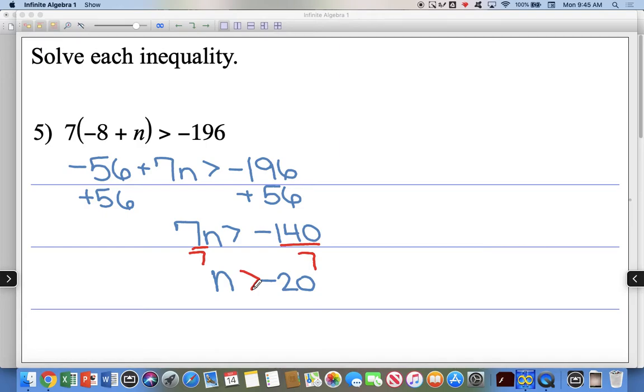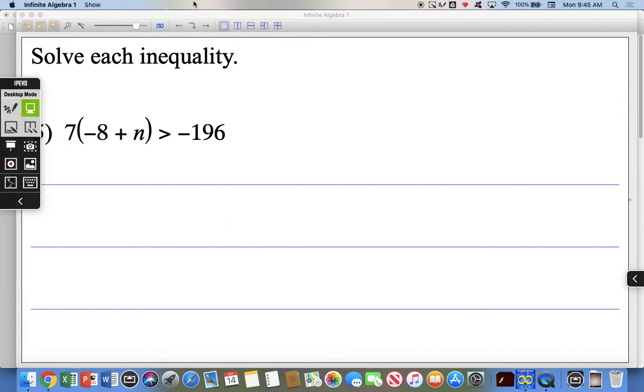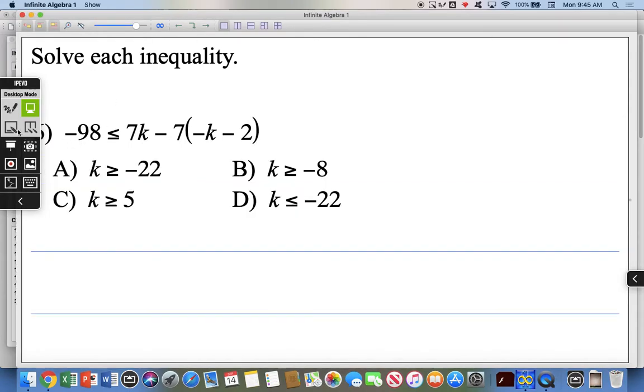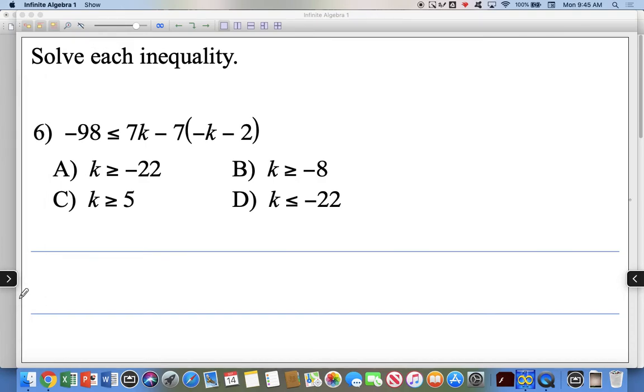So let's do another example like this. All right, something like this. And look, it's multiple choice.